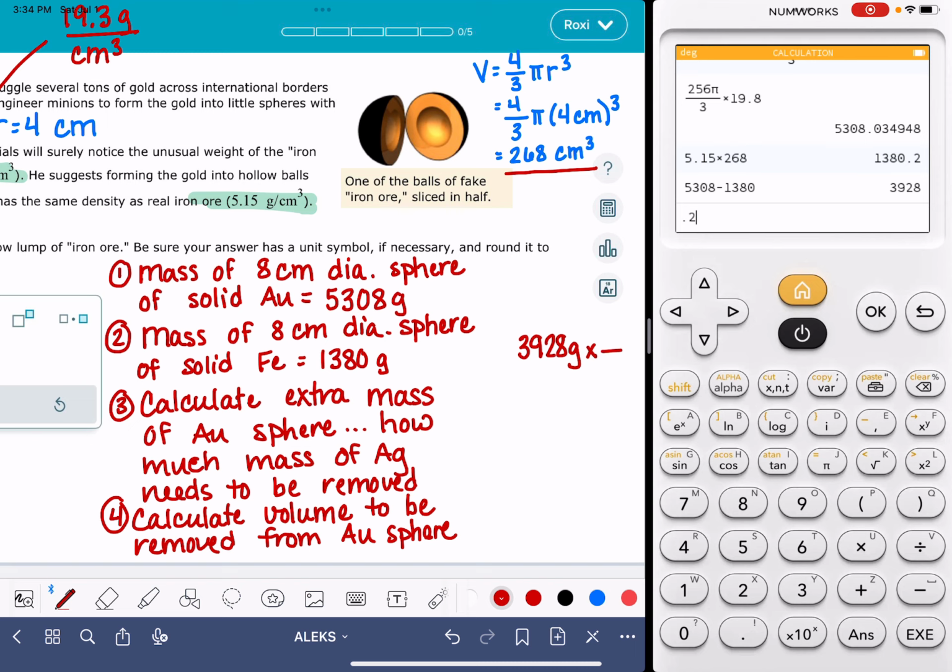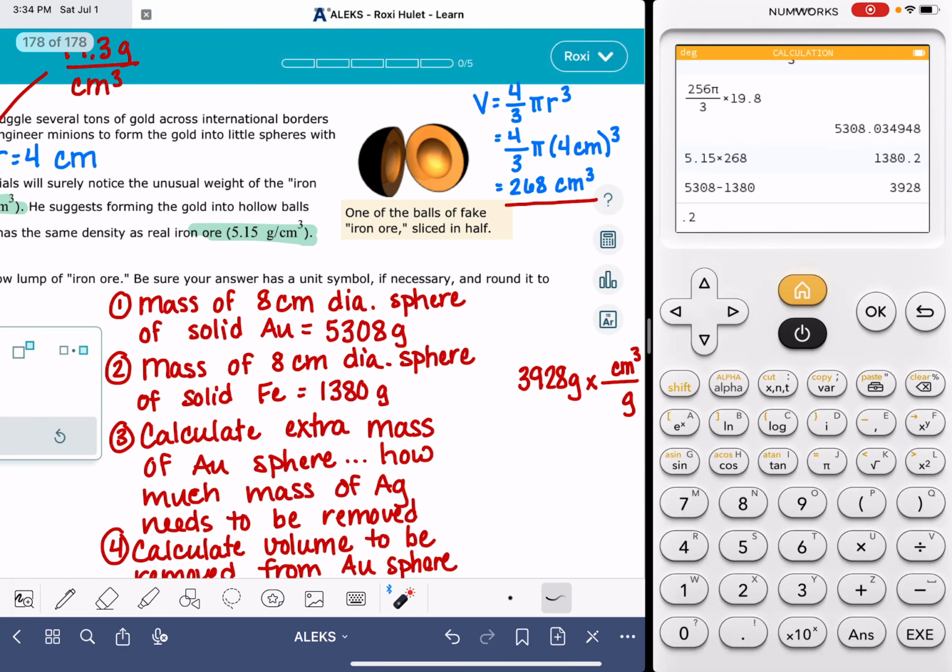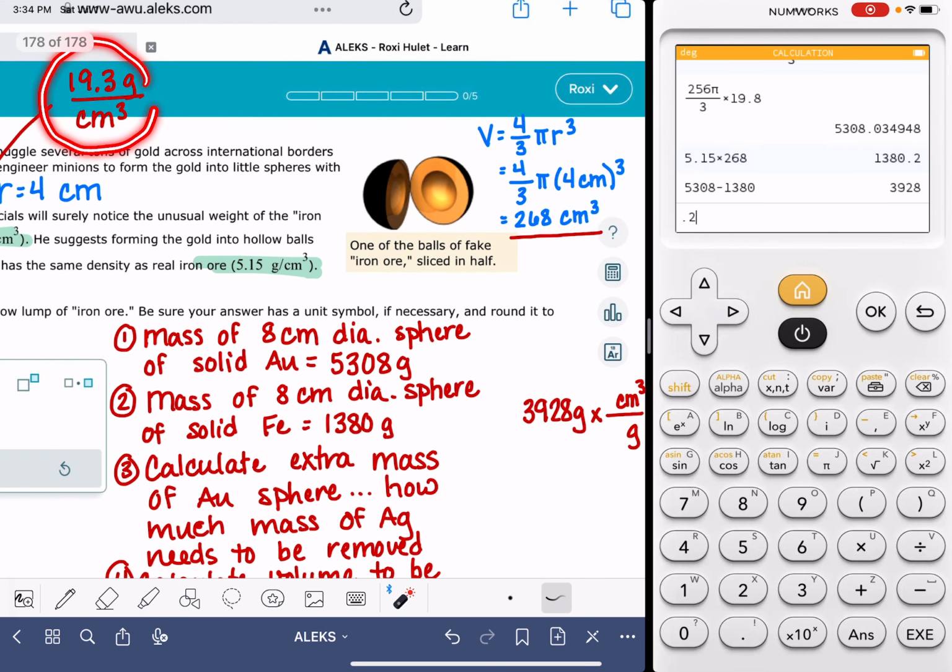So we need to multiply by a conversion factor that has grams on the bottom so that the gram unit will cancel, and cubic centimeters on top. Now, the density for gold given to us in this format is not set up properly because the grams are on the wrong side of the conversion factor. We need grams on the bottom, and right now they're on top.